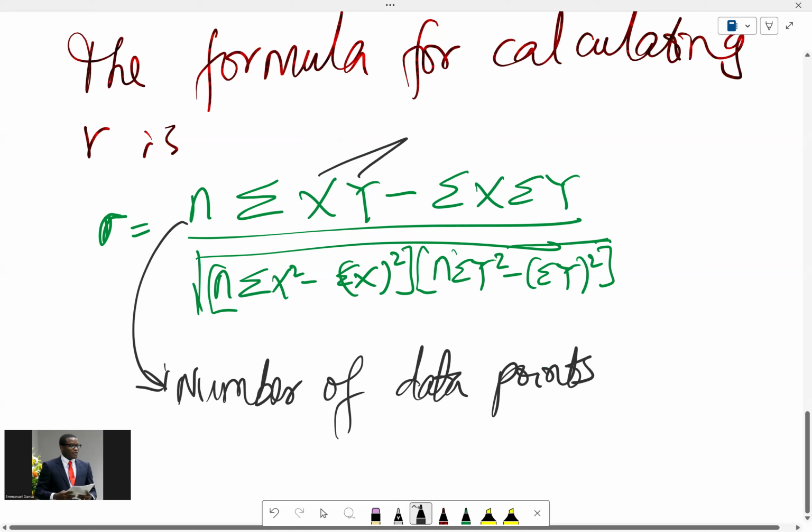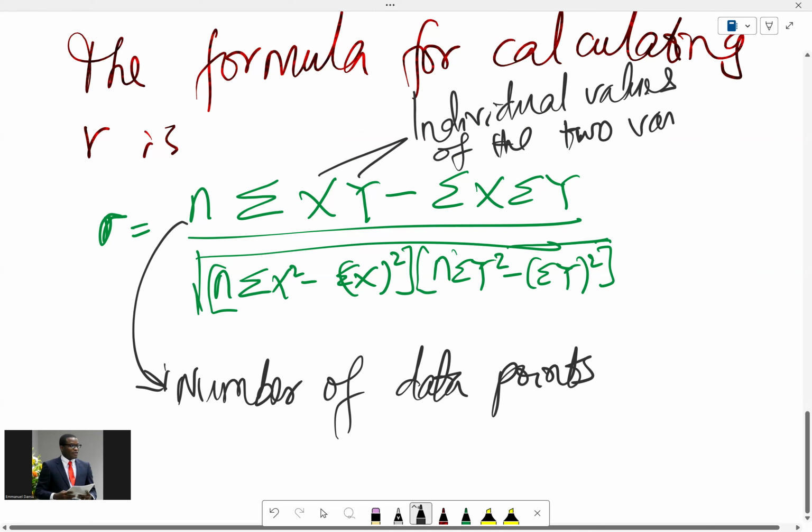X and Y will be individual values of the two variables.